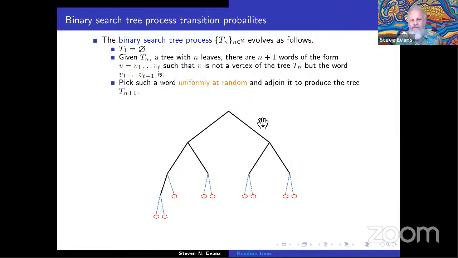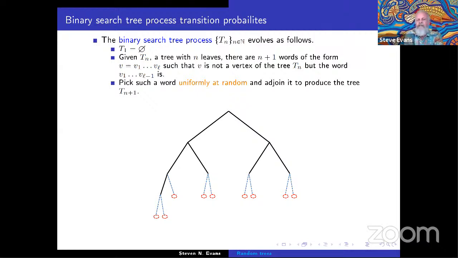Okay, so the tree here in bold is Tn, and then here the dotted edges leading to the red circles are all the possible vertices that we could extend Tn to build Tn+1.